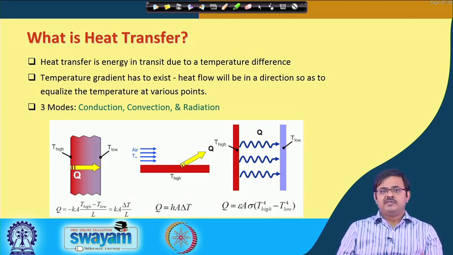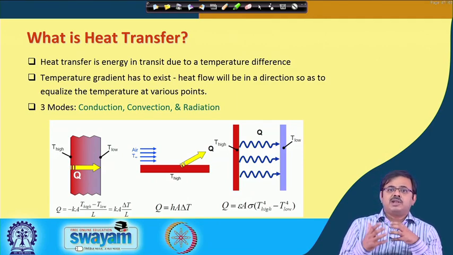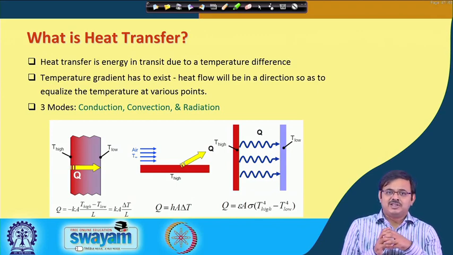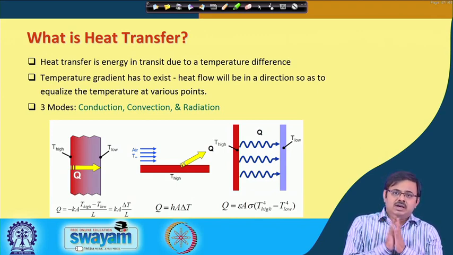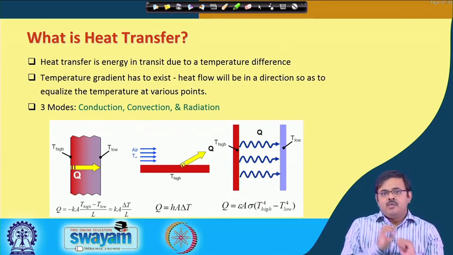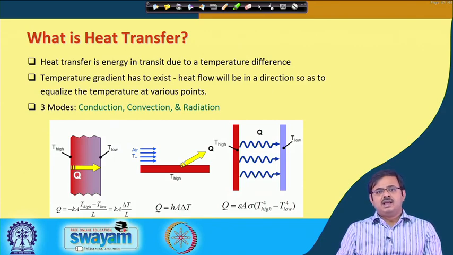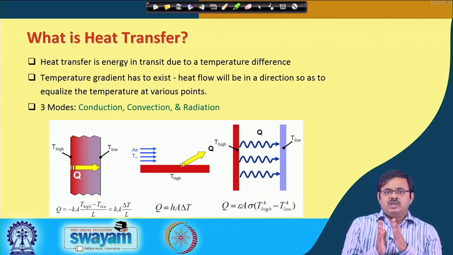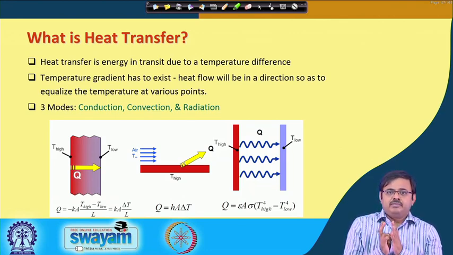So, let us spend a little bit of time on this slide, because I am trying to brush up at least one half of an undergraduate heat transfer course in one slide. So, let us try to do this. On the left hand side, what you see is conduction. Conduction happens because of vibration of molecules or lattices.